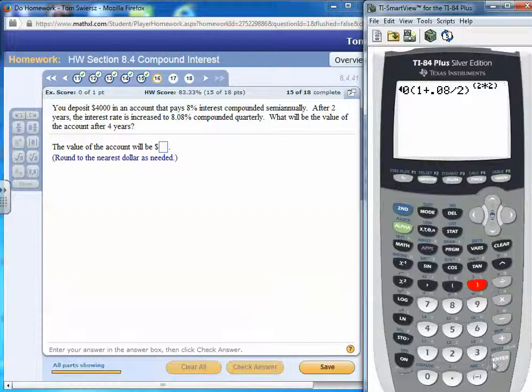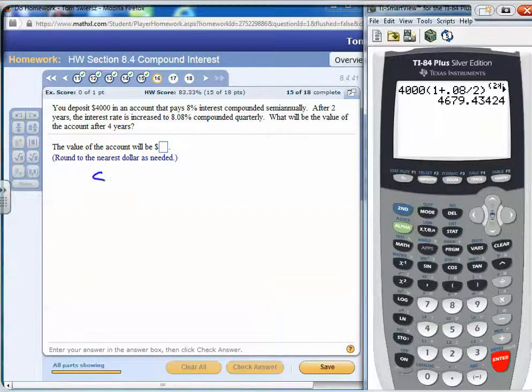We get a balance of $4,679.43 to the nearest penny. Since we round to the nearest dollar only at the last value, we'll keep the decimals to make it more accurate.